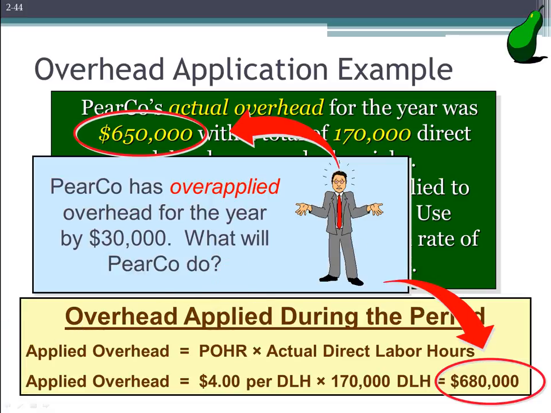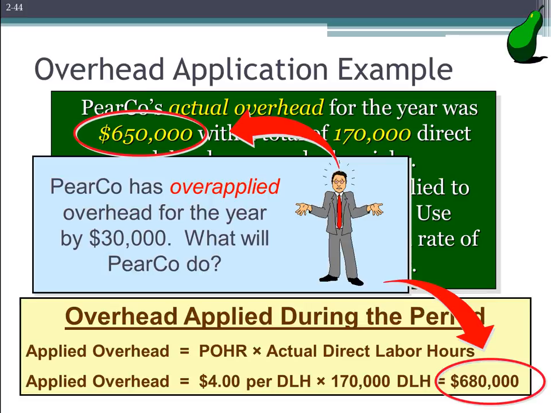So how do we fix it is the next question, right? We now assign too much cost to our inventory, meaning our inventory costs us $30,000 less than what we actually assigned to it. The problem, of course, is we've sold some of that inventory, some of that inventory is still in work in process, and some of that inventory is just sitting in finished goods inventory.